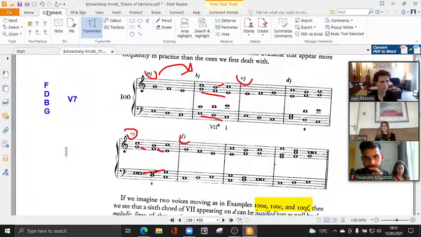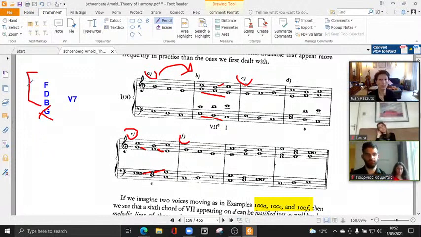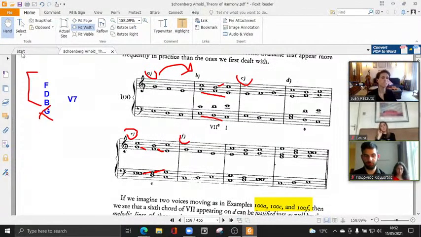So far so good? And then we omit the root. What do you have? D, F, B, the seventh. So the function now is a dominant seventh with the root omitted. So that's why it can go perfectly well to the first degree.